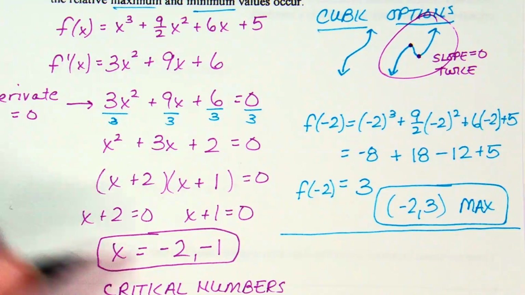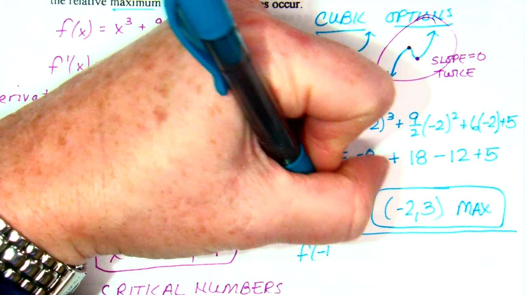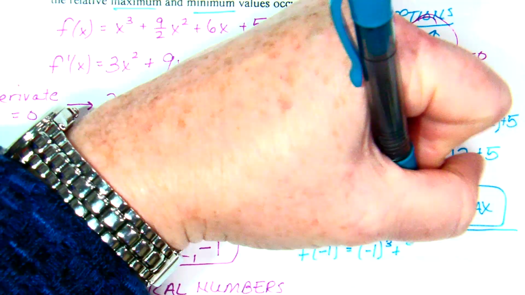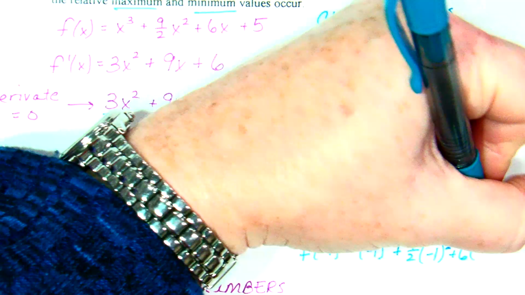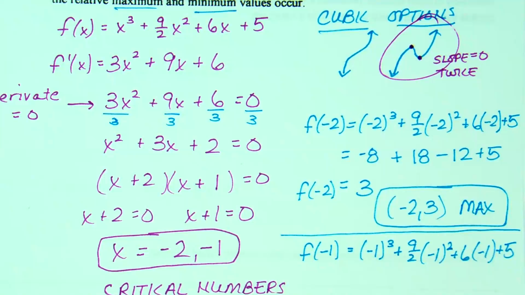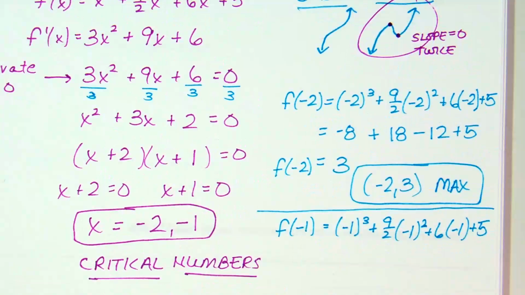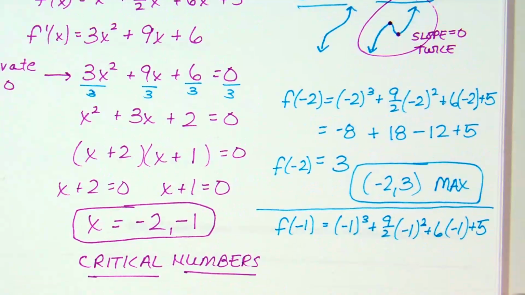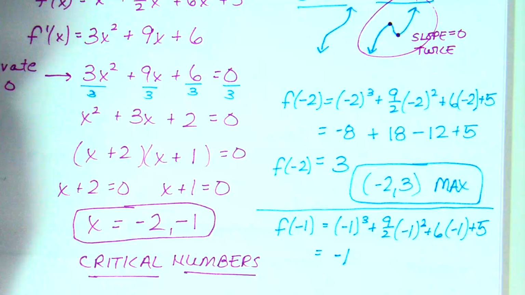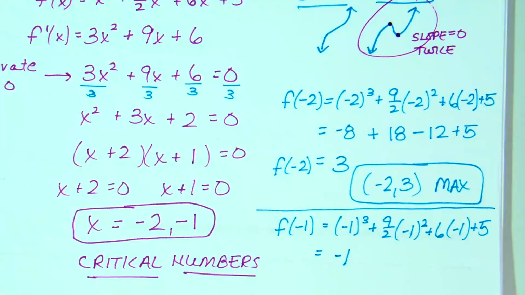So now plug in the negative 1. Negative 1 cubed plus 9 halves times negative 1 squared plus 6 times negative 1 plus 5. Let's see. Negative 1 to the third is negative 1.